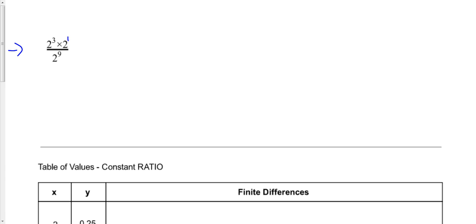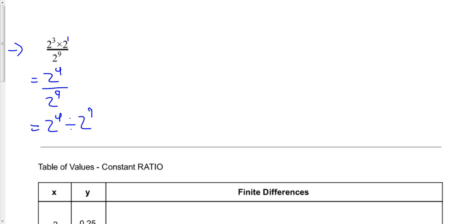Okay, so we're going to use our exponent law because we've got 2 to the exponent 3 times 2 to the exponent 1, and they're being multiplied. We actually add those two exponents together. So this is actually going to equal 2 to the 4 over 2 to the power of 9.